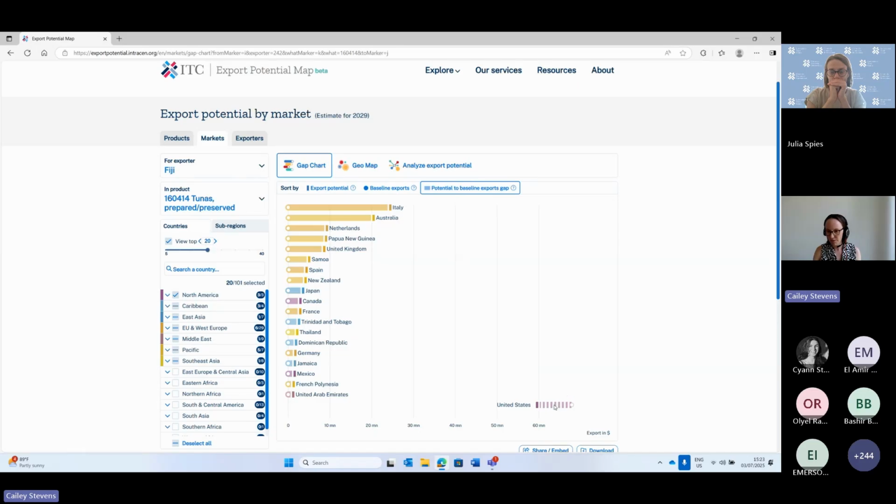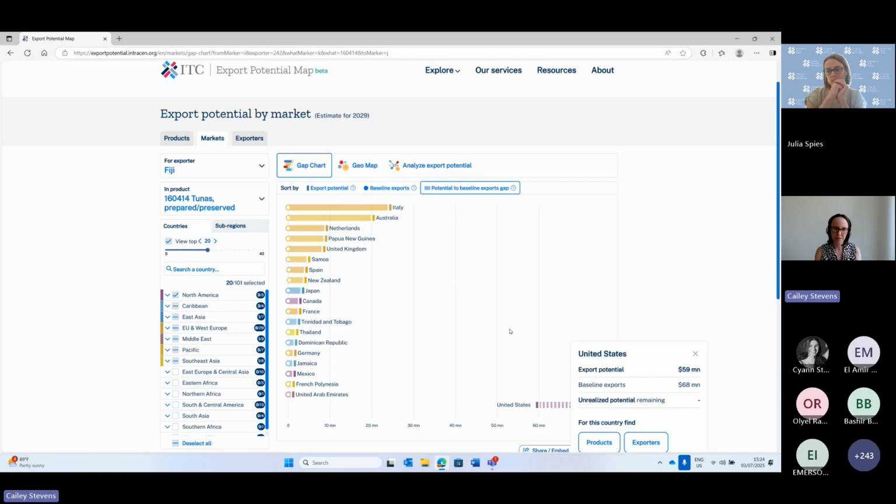So if we hover over the United States, we can see that Fiji has export potential to the US of 59 million, but their baseline exports are 68 million, meaning that they've already exceeded their potential. So what does this mean?